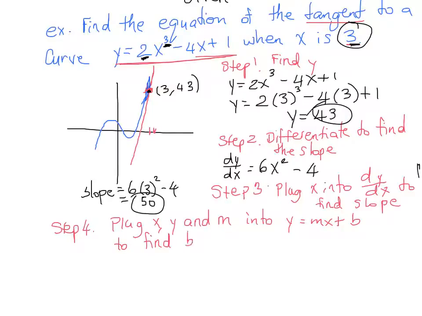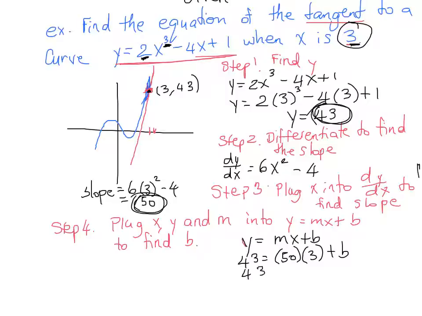So let's do it. Let's write that down here, we have y equals mx plus b. And remember our y we found to be 43. So 43 equals m, which we found our slope to be 50, times 3 plus b.